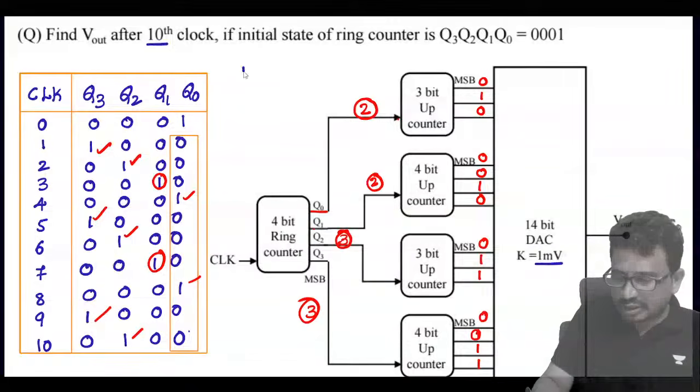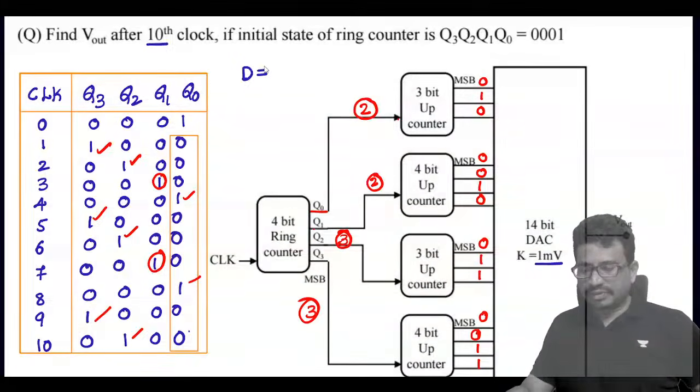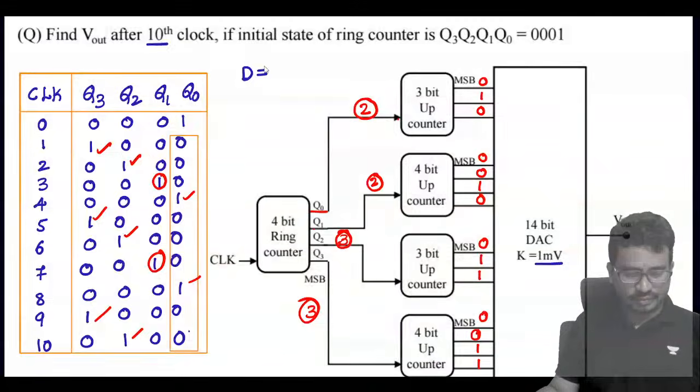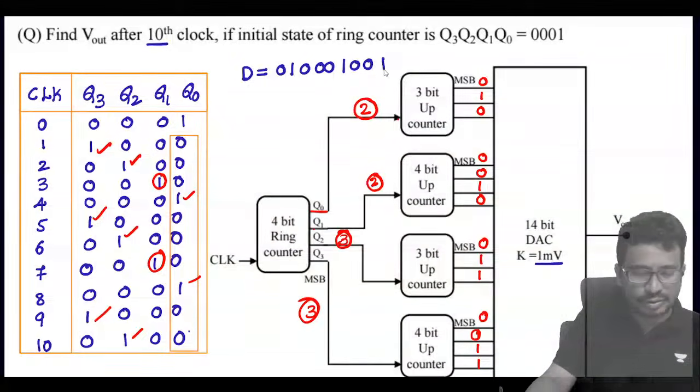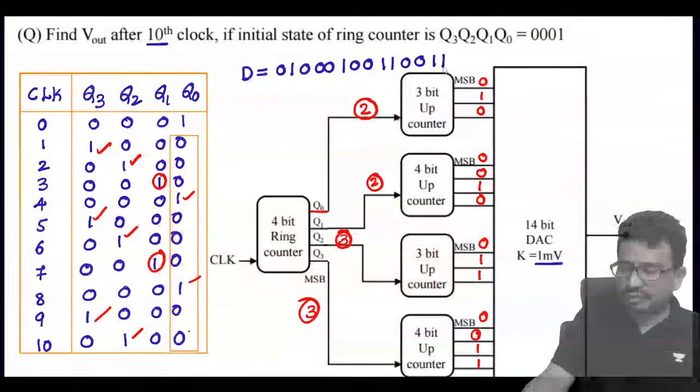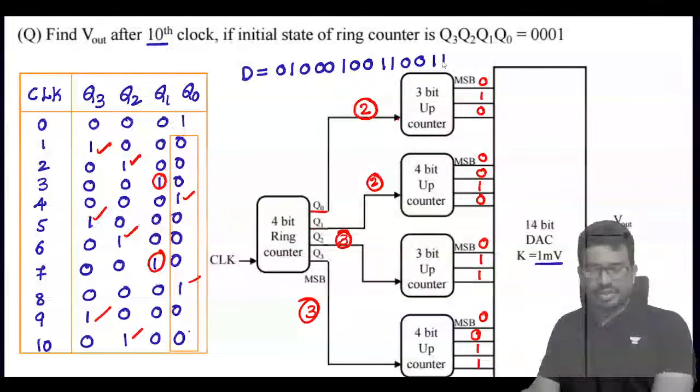So what is the decimal equivalent here? You see the decimal equivalent, which is equal to 0 1 0 0 0 1 0 0 1 1 0 0 1 1. This is the decimal equivalent, right?